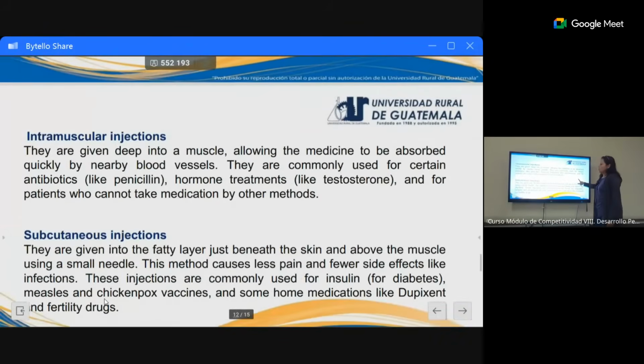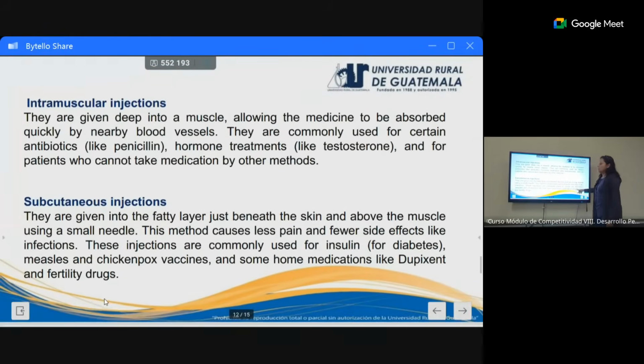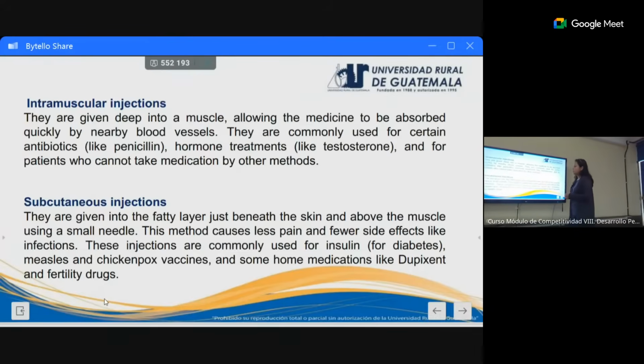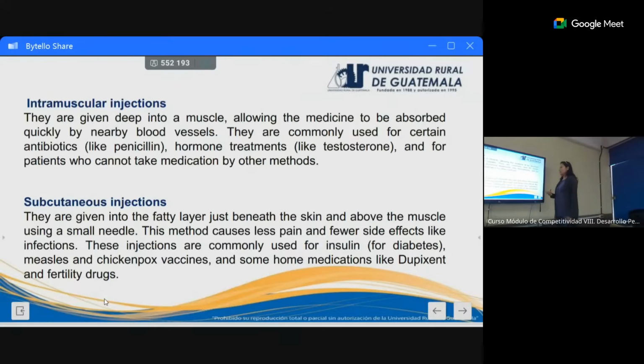And what about the next one, which is called the subcutaneous injection? They are given into the fatty layer just beneath the skin and above the muscle using a small needle. This method causes less pain and fewer side effects like infections.